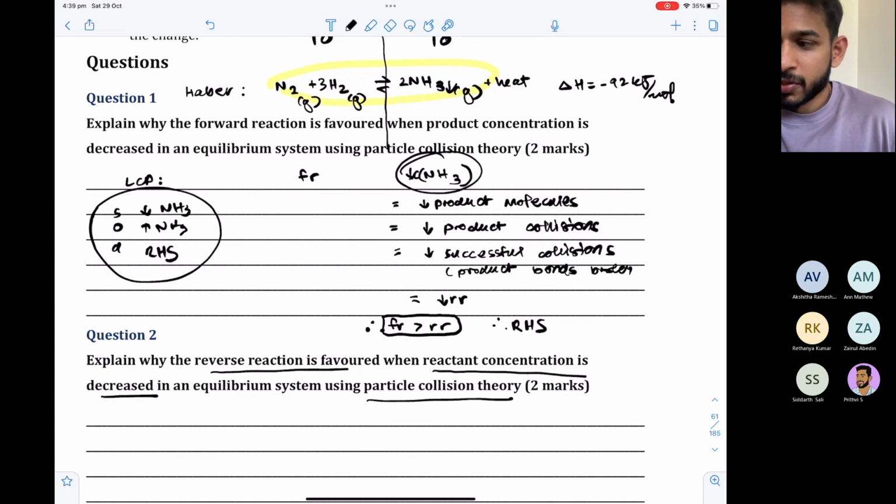All right. Let's go through question 2. Zainul, I'll get you to give it a go. Give us an exam answer to this question.